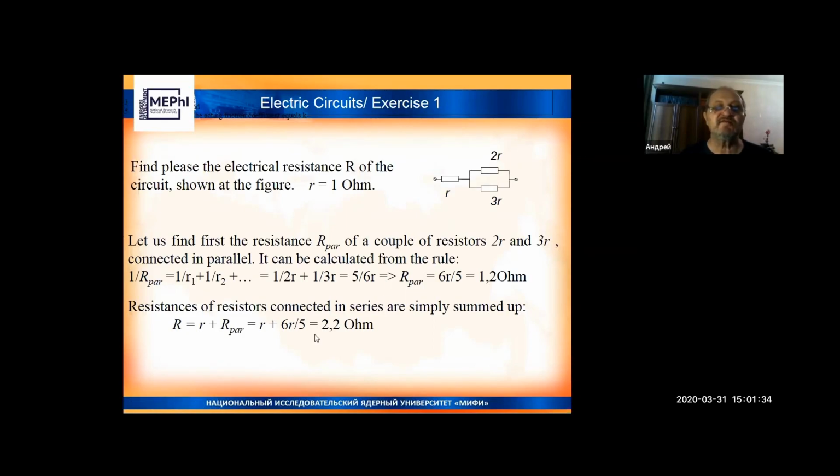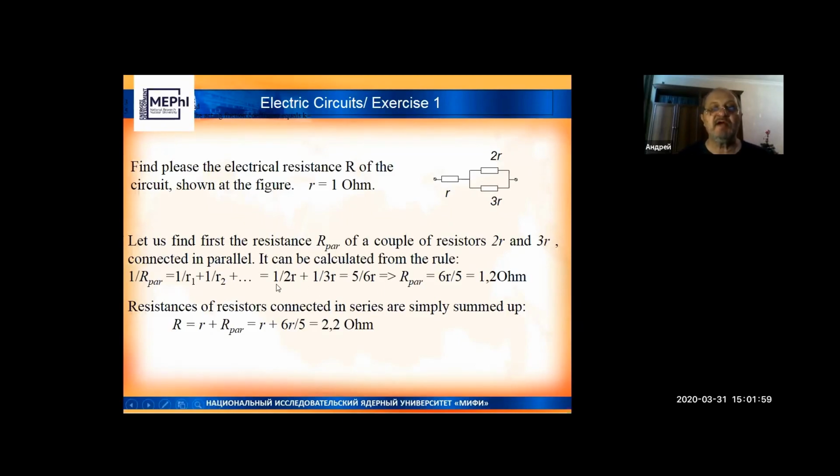If you take the value inverse to the first resistance plus the value inverse to the second resistance, plus, if there are more resistors connected in parallel, more inverse values, in the result you will obtain the value inverse to the total resistance of this group.